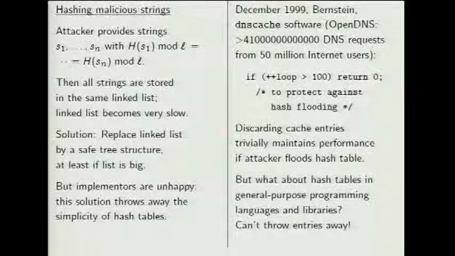So it's okay. It's just one line of code which says, to protect against hash flooding, if some counter keeping track of how long you've gone through a linked list gets to 100, then don't put anything more on that list. That limits the number of entries in a list inside the hash table in this cache to 100 entries, and the performance problem goes away.